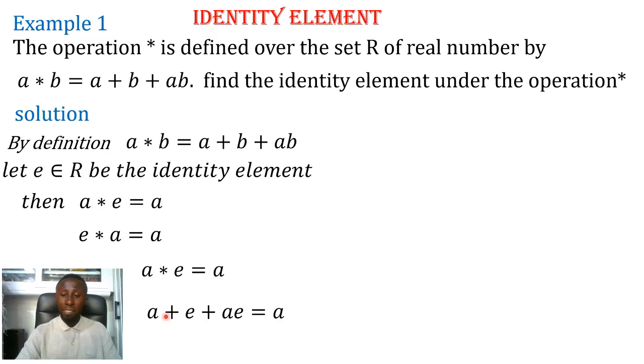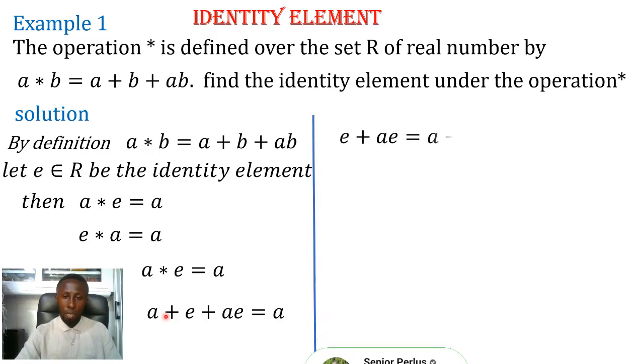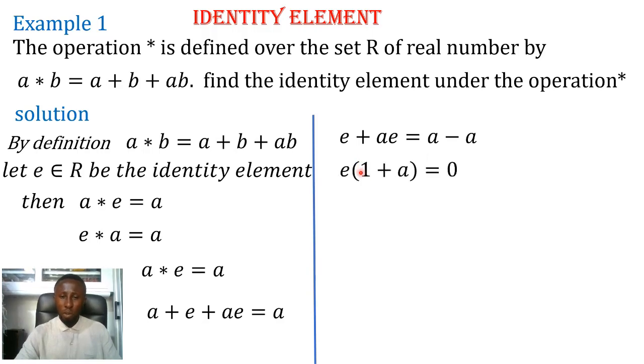We are looking for the identity element, so we want to make E the subject. We subtract a on both sides, and we get this. We still want E, so let's factorize E out.